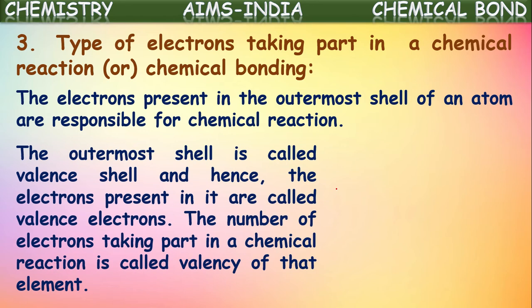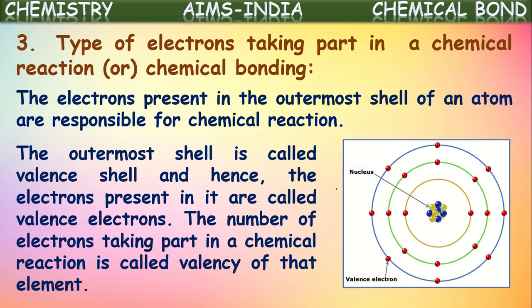The outermost shell is called the valence shell, and hence the electrons present in it are called valence electrons.